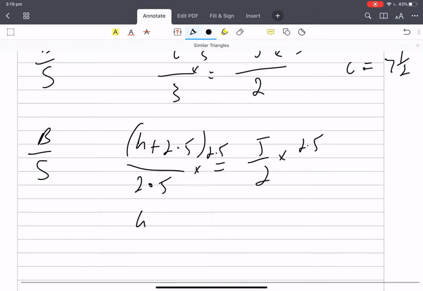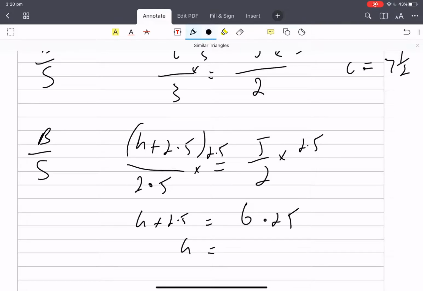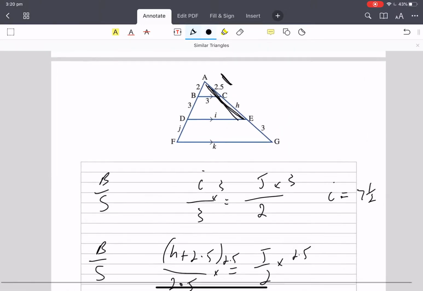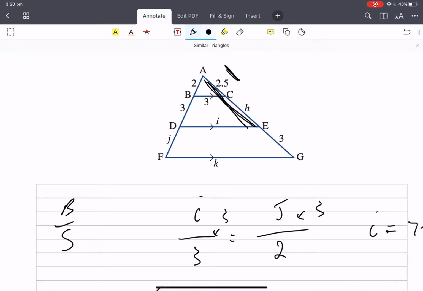So H plus, those decimals, 5 times 2.5 divided by 2. Calculator city. H is 3.75. So see that H, it is 3.75.